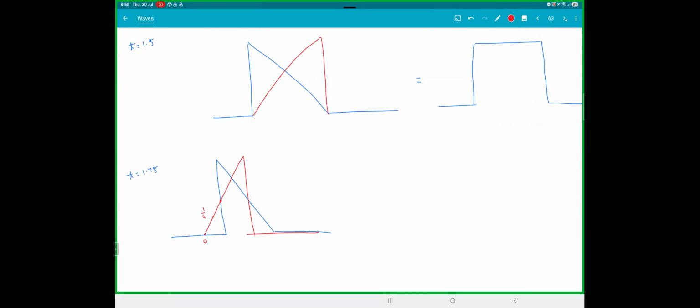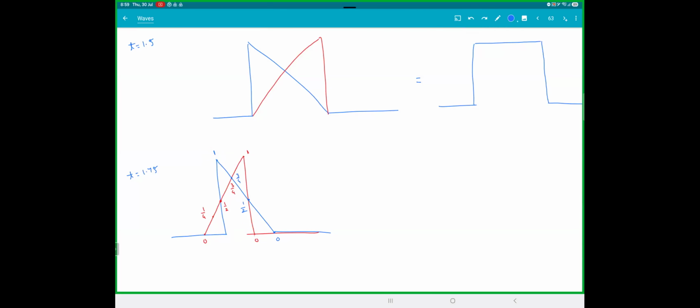This is 1/4. This is half. This is 3/4. And this is 1. This is 0. Look at the blue values. This is 1. This is 3/4. This is half. And this is 0. Now, here, when I add the values, 1 plus half, 3/2, 3/4 plus 3/4, 3/2, 1 plus half, 3/2. That means wherever they're overlapping, you're getting a 3/2 value.